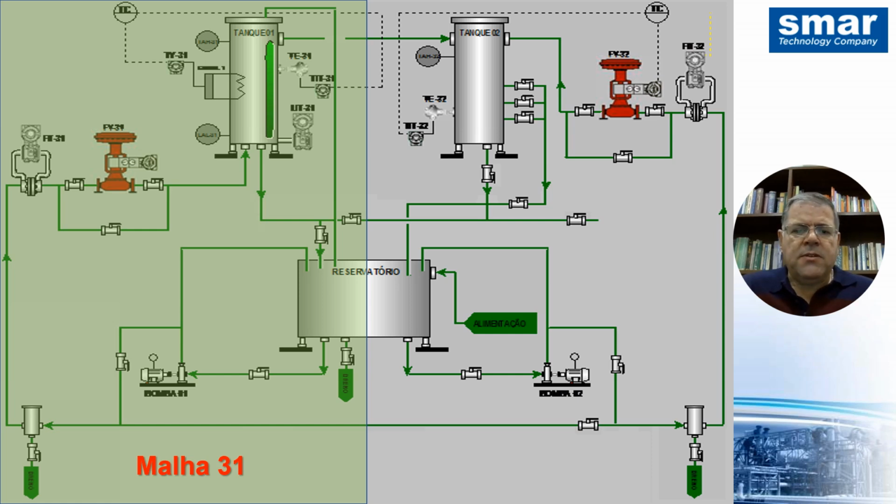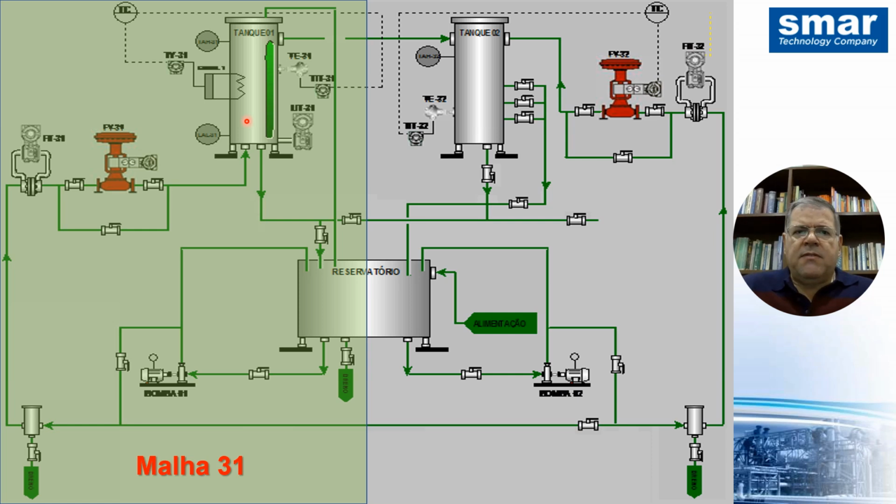Then on the left side, we have a control mesh that I called here a mesh of one, where, as we have already explained, connecting the pump, it goes through the flow meter, allowing us to establish a control of flow via the proportional valve that goes to this tank, and this tank serves as an upper water reservoir.